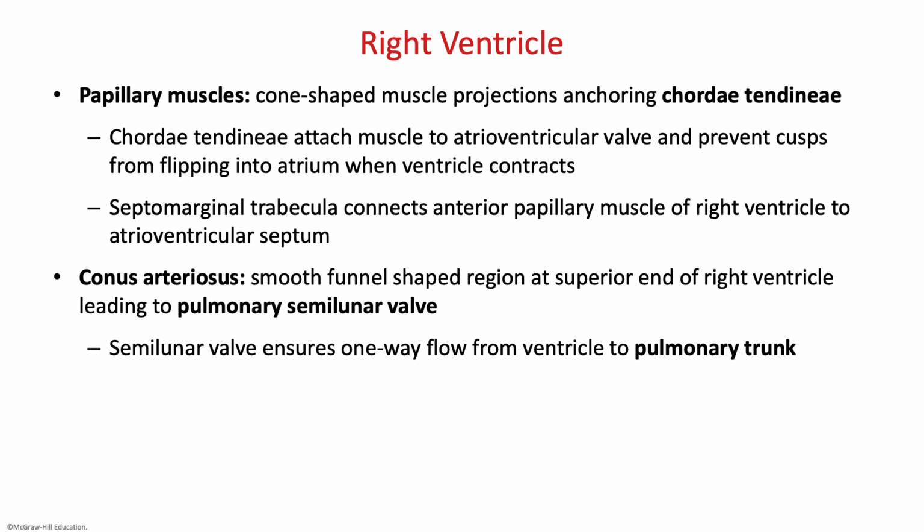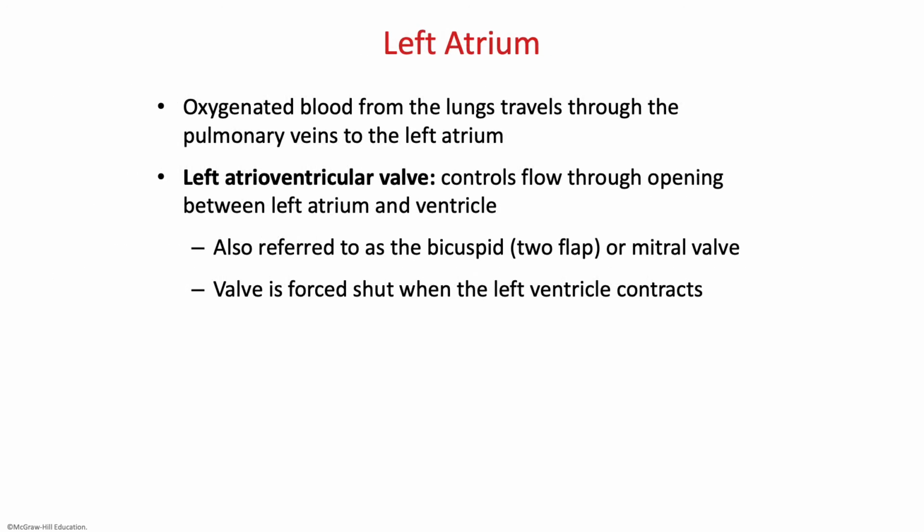The conus arteriosus is a smooth funnel-shaped region at the superior end of the ventricle that leads to your pulmonary semilunar valve, and that pulmonary semilunar valve will ensure one-way flow from your ventricle into the pulmonary trunk. Your left atrium receives oxygenated blood from the lungs through the pulmonary veins.